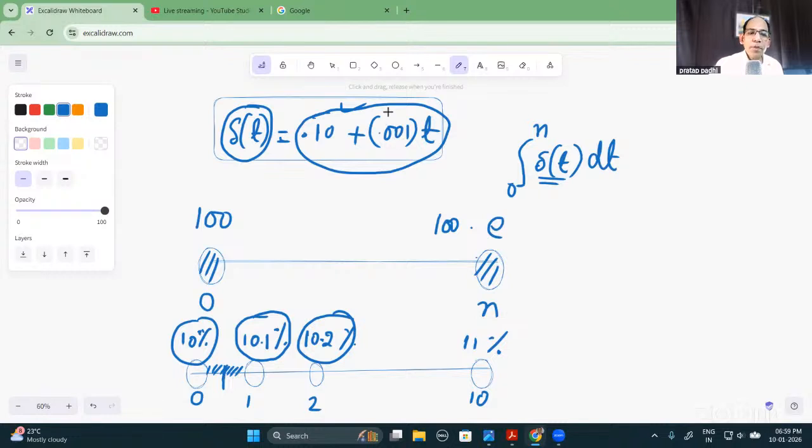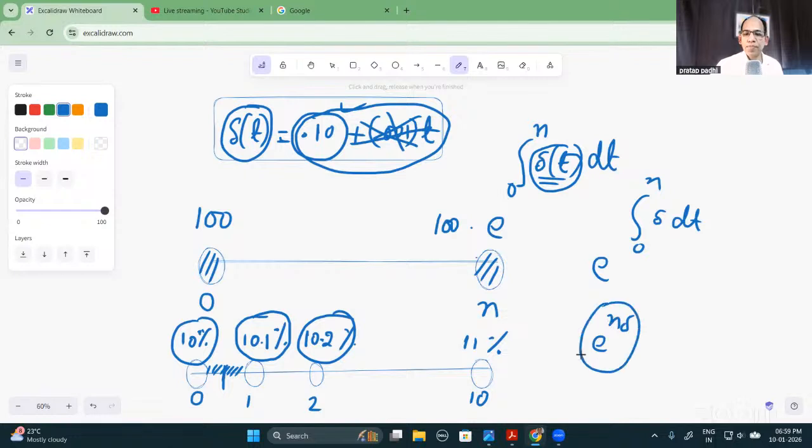However, if there is no such variation here, you just take 10%. If delta t is constant, you write delta because there is no change. You integrate it and you will get e power n delta. This is the normal formula after n years. After 1 year, 1 delta, after 2 years, 2 delta, after n years, n delta. But this is the general one that is called force of interest.